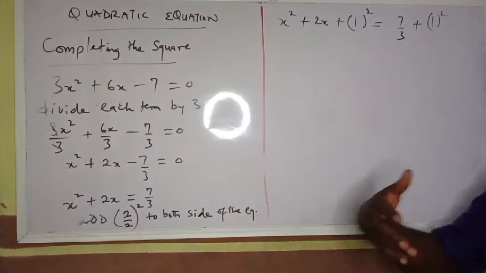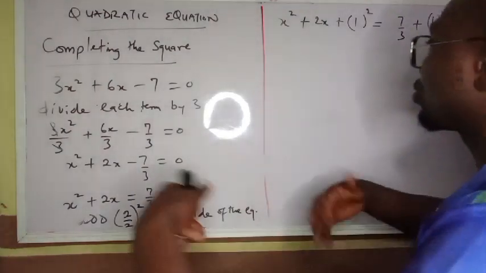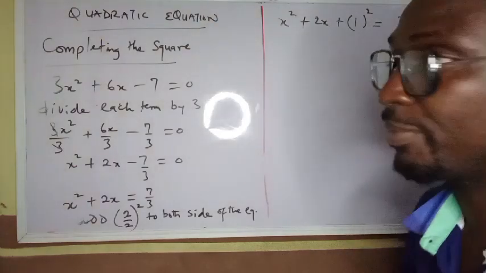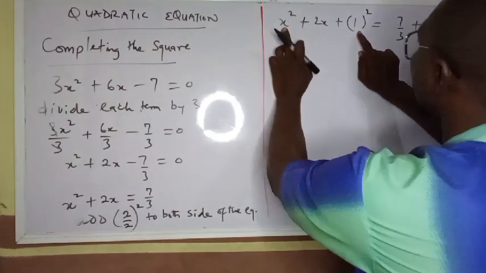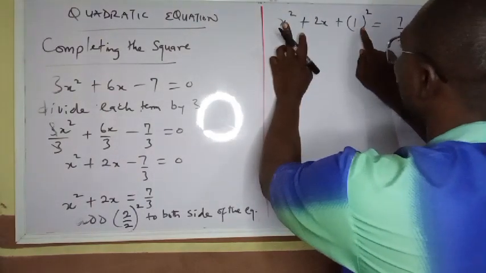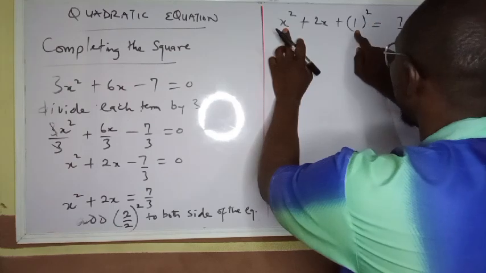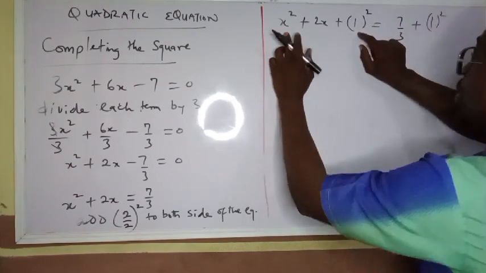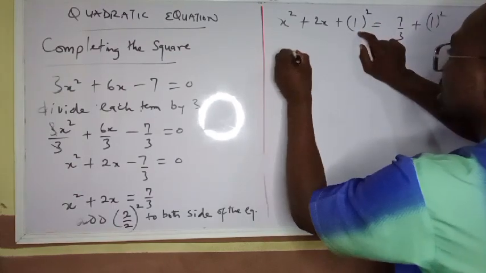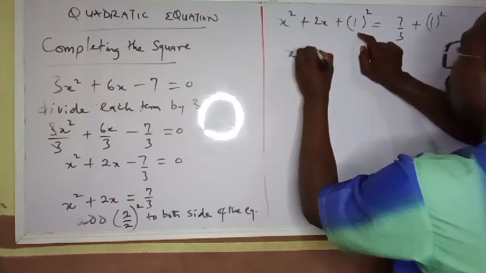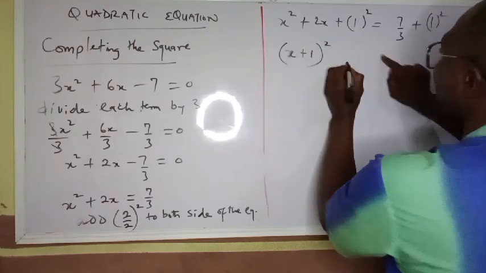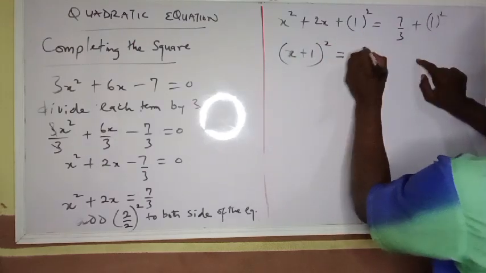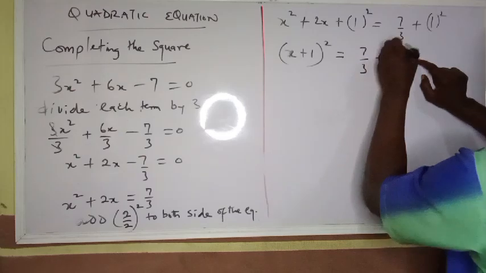For us not to waste our time looking for 2 factors, we just look at these 2 numbers, the x squared and the last number, which is 1 squared. We just pick x, then we pick plus 1, then we square, is equal to 7 over 3 plus 1.